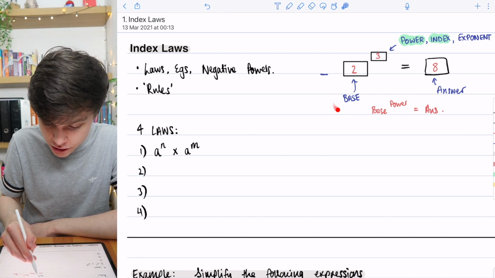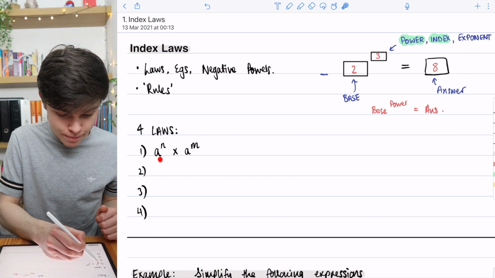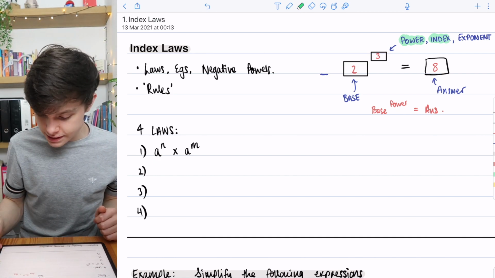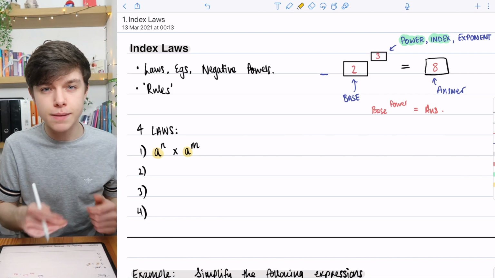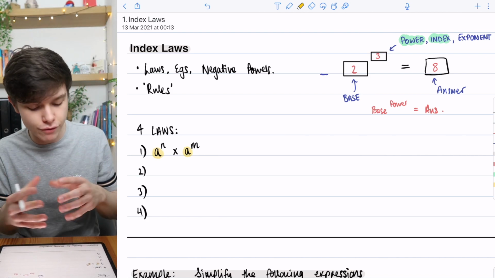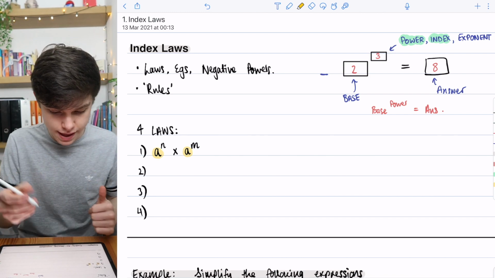Notice how I'm now using this language. We've got the base a, and notice these 2 bases have to be the same. So they both have to be 2, they both have to be 7. 2 and 7 were just examples there.